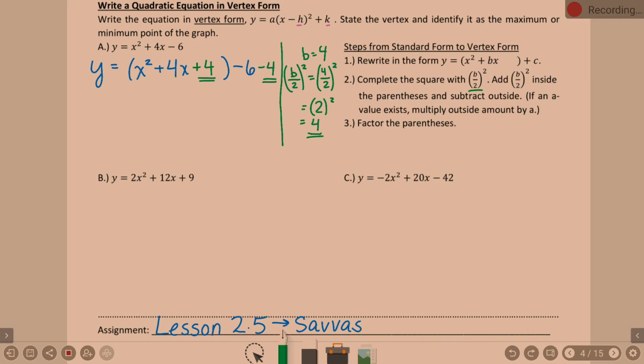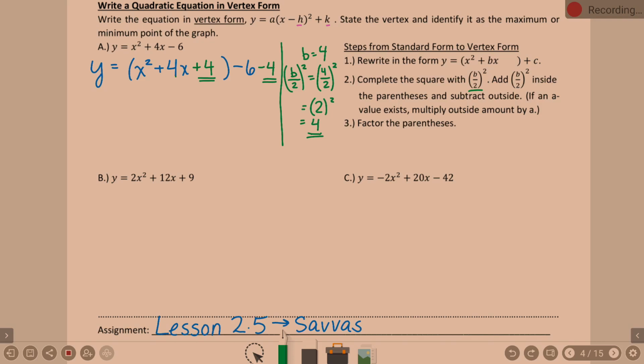So complete the square, add the values, so 4 inside the parentheses, subtract it outside. Now, there's a side comment, if an a value exists, multiply the outside value by a. Did we have an a value here? Did we have anything in front of x squared? Nothing other than 1. So ignore that. We'll talk about that in the next 2. Baby steps here. So step 2, we added and we subtracted. We've completed step 2.